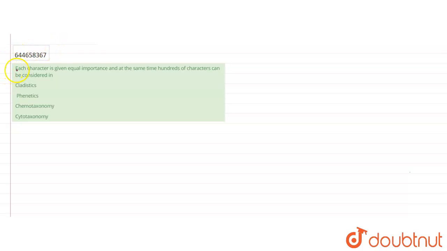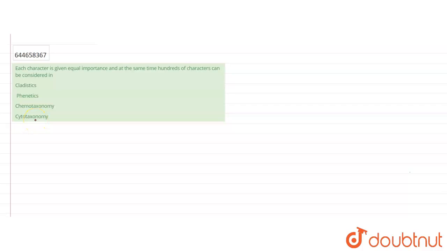So our question reads: each character is given equal importance and at the same time hundreds of characters can be considered. Option A, cladistic; option B, phonetics; option C, chemotaxonomy; or option D, cytotaxonomy.